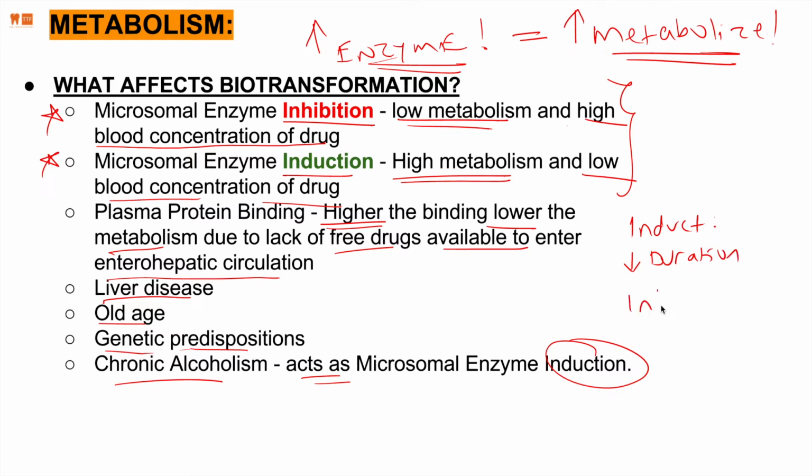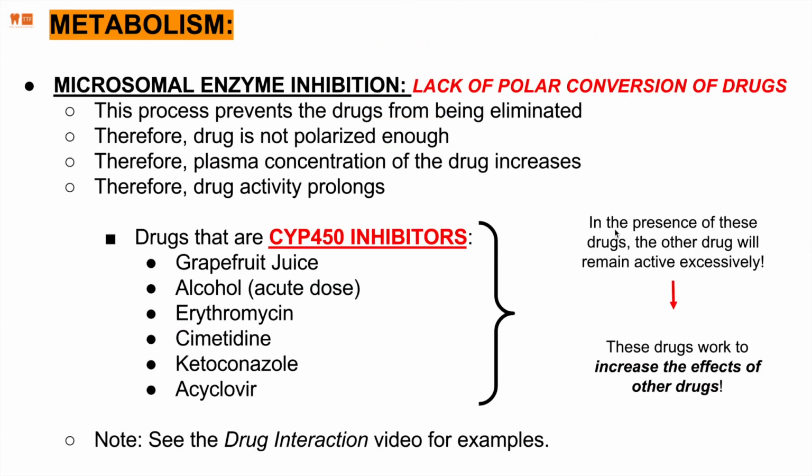When there is an inhibition, the duration of action increases, right? Remember, more drug will pile up in the blood if there is inhibition. Therefore, the duration of action increases. When the drug is leaving the blood and not piling up in the blood, we have reduced duration of action. That's what microsomal enzymes are for.